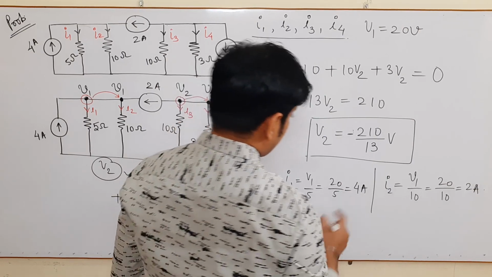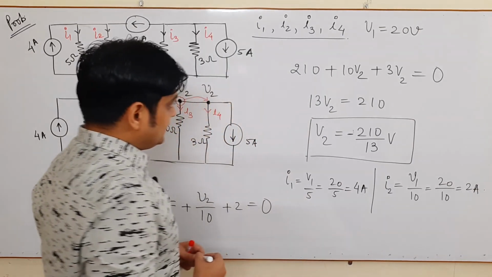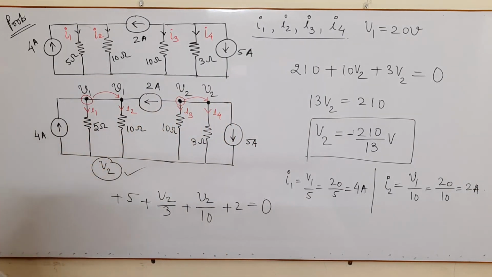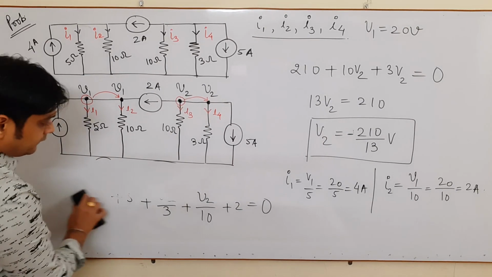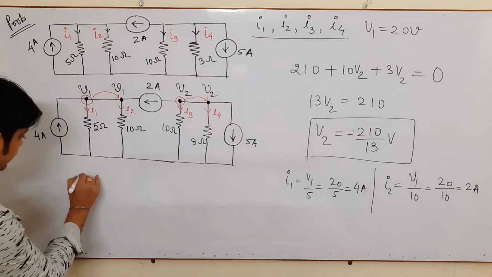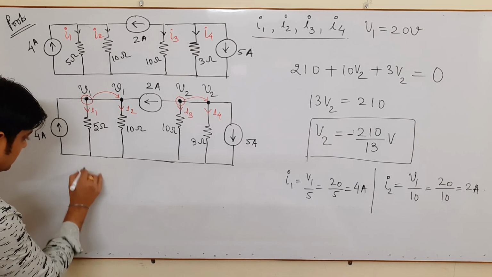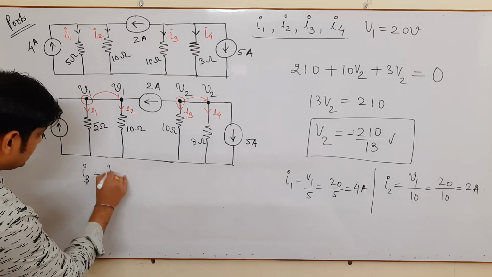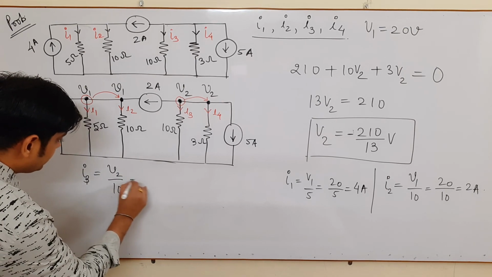Yes, the value of I1 and I2. Similarly, you can find the value of I3. I3, it is what? That is V2 by 10.